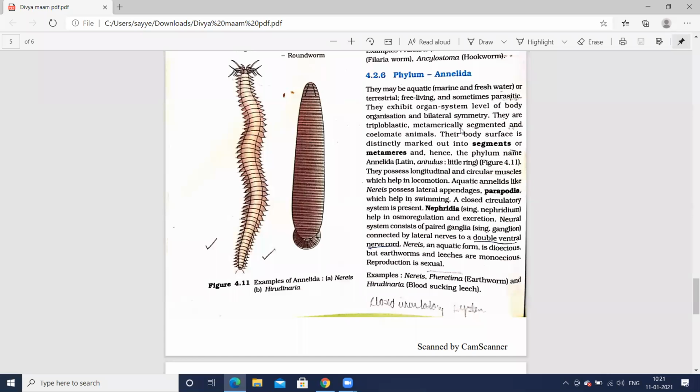A leech shows metamerism because there's a repetition of organs. If we talk about repetition of organs, then how many brains? 32. So we have these lateral appendages which help in swimming in Nereis. What were they called?